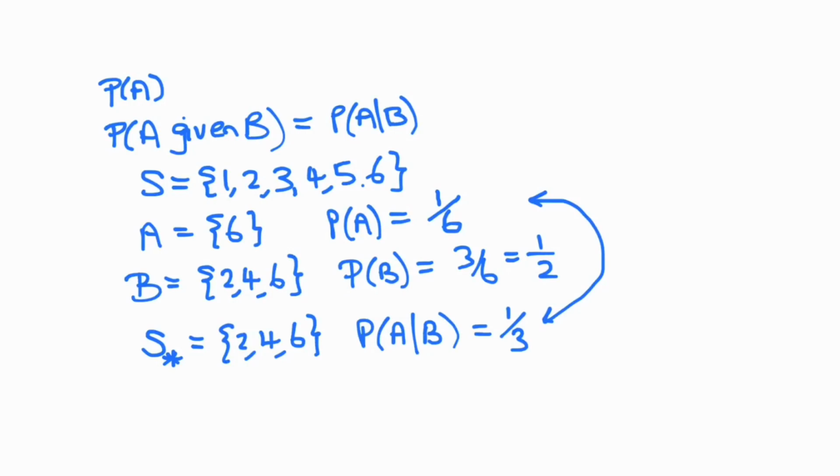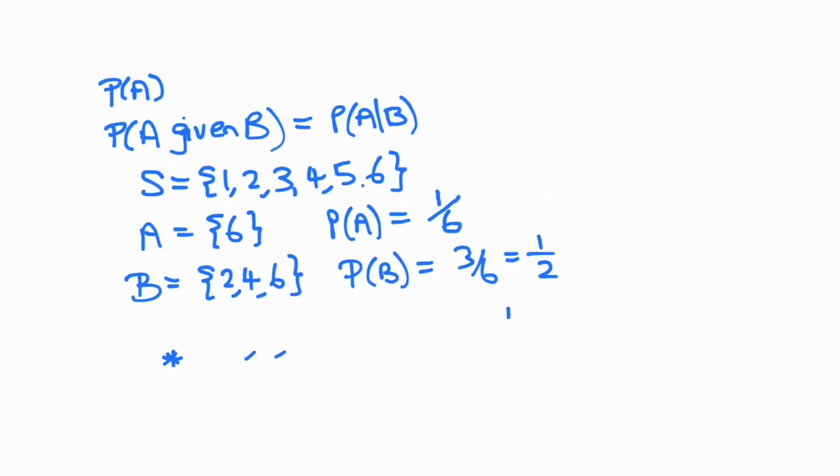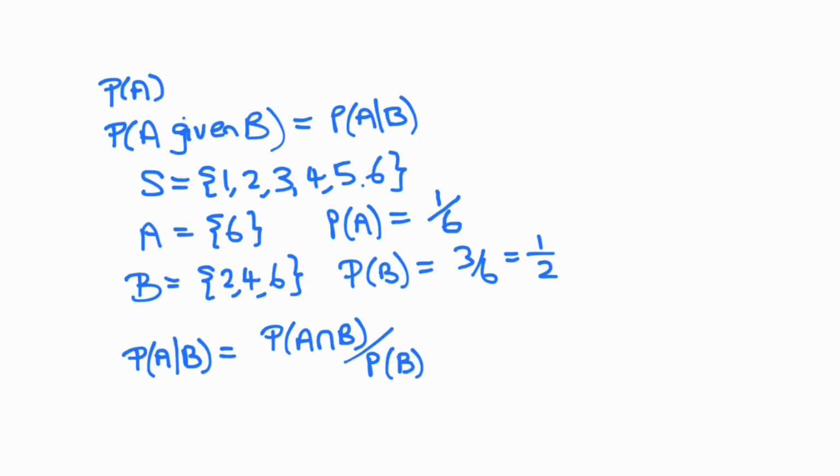Now, there is another way to get this probability, and I'll write down the formula here, and later I'll explain how we get this formula. One way of finding the probability of A given B is to use this formula here. It's the probability of A and B divided by the probability of B. Now, the probability of B we found from here is 1/2.